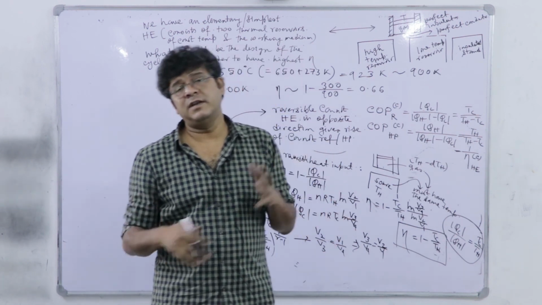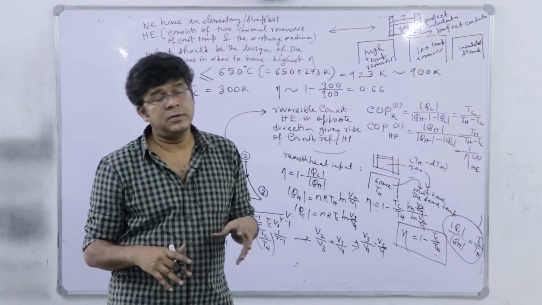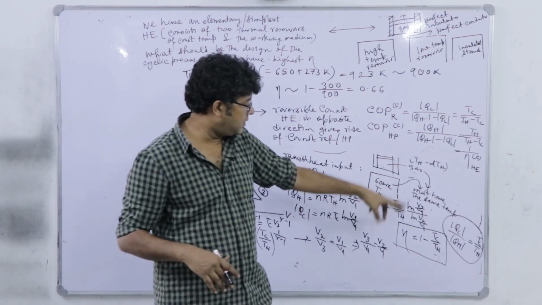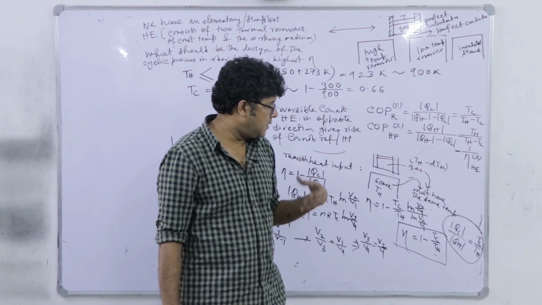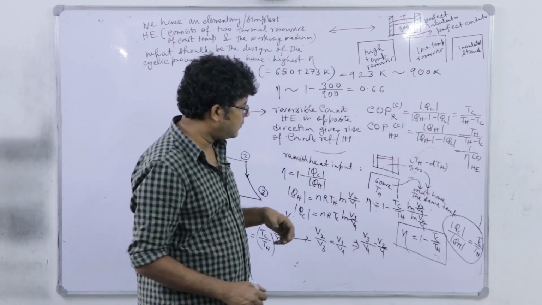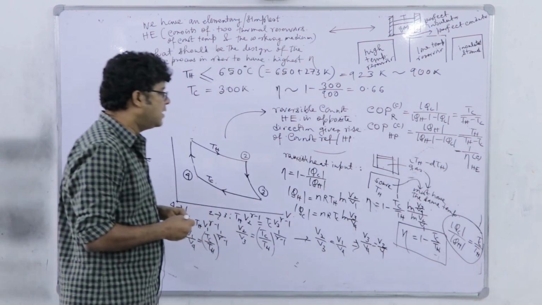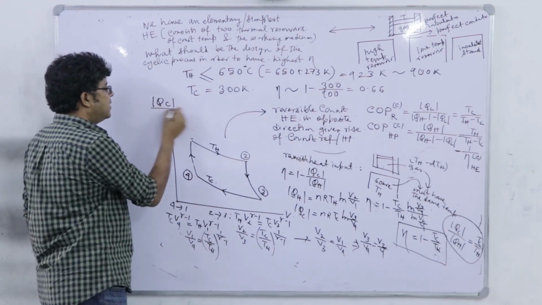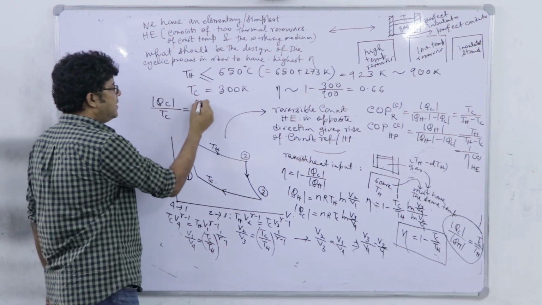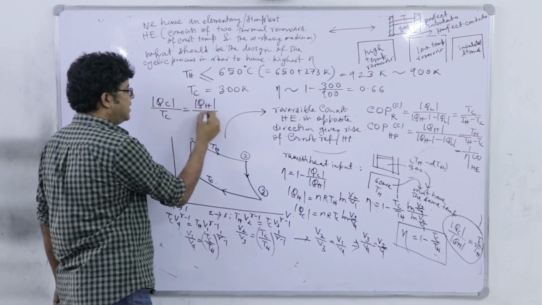For a reversible cycle, how does this QC by QH term actually look? So that we will try to prove, because from this equation we see mod QC divided by TC is equal to mod QH divided by TH.